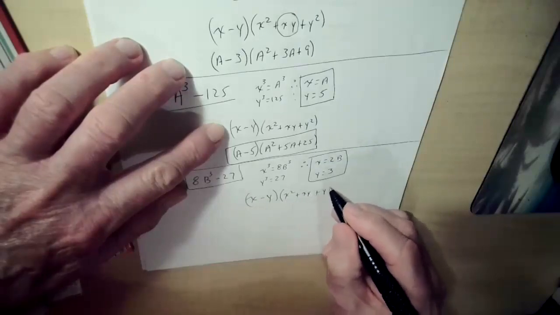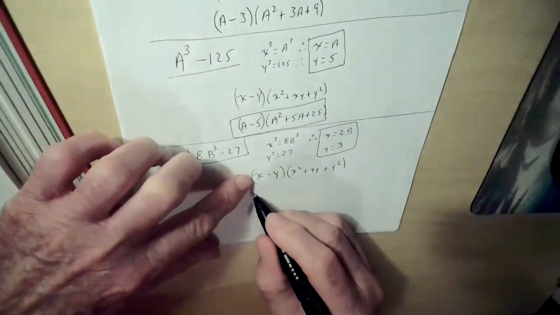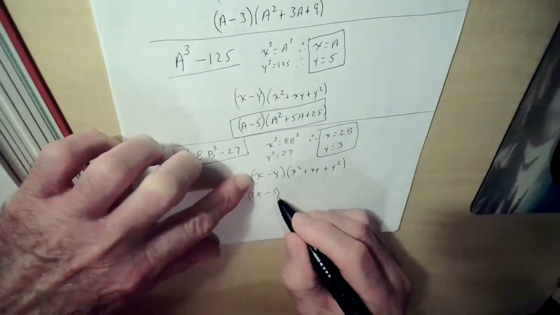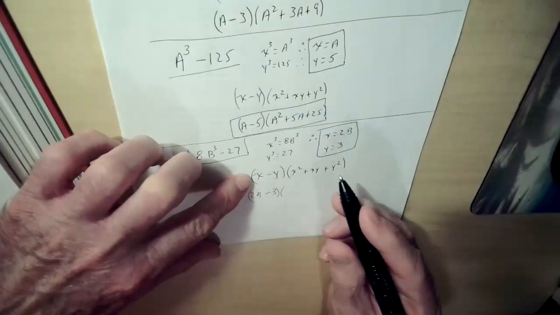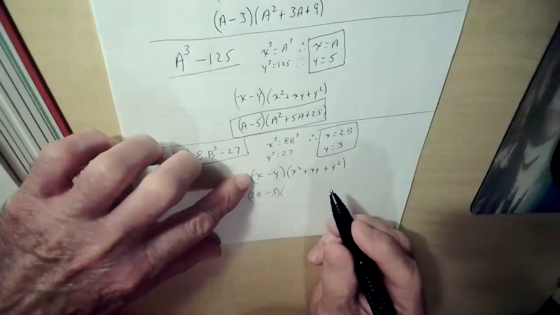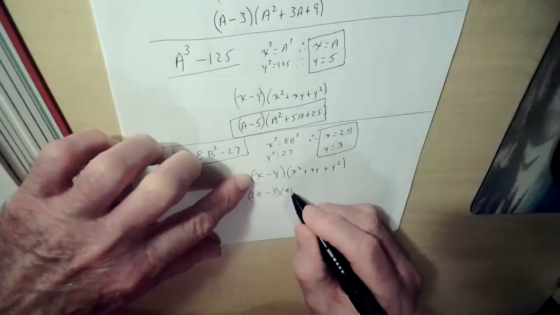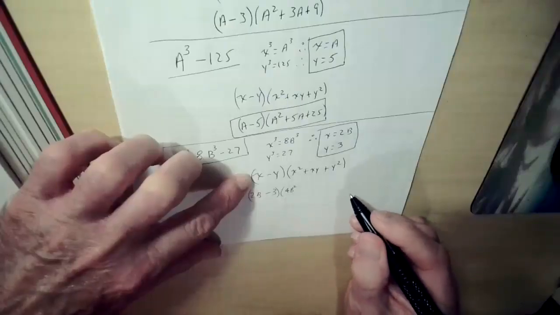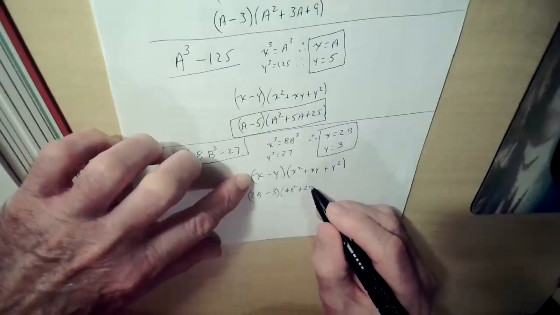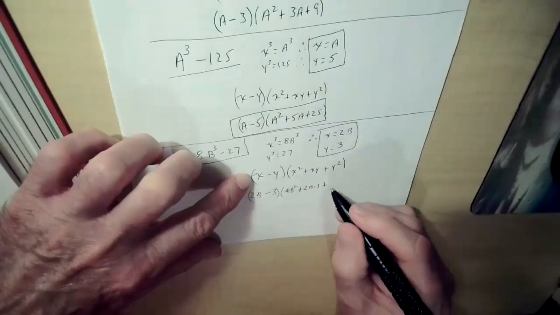Okay, so now we have our formula. X minus y times x squared plus xy plus y squared. X is 2b, minus y, minus 3, times x squared is, what would that be? X is 2b, so x squared is 4b squared, right?